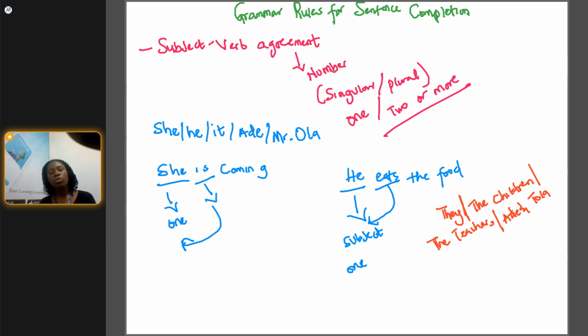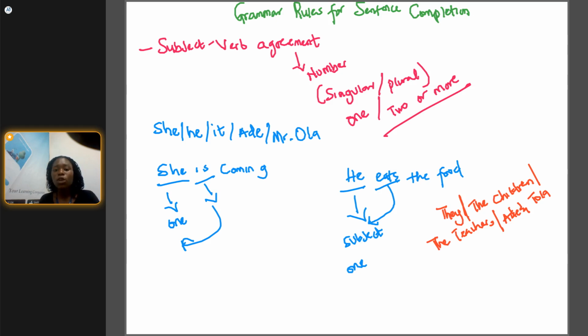Now, those are no longer one. They means that there is more than one person. The children means there is more than one person. The teachers means there is more than one person. And Ade and Tola means we have two people.